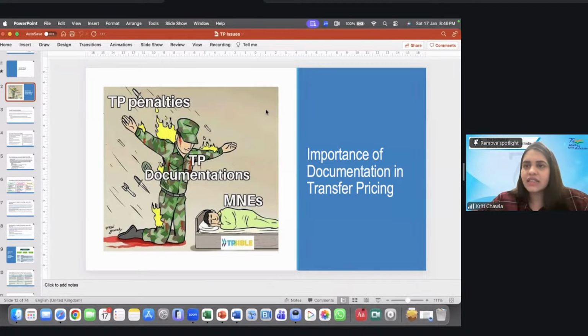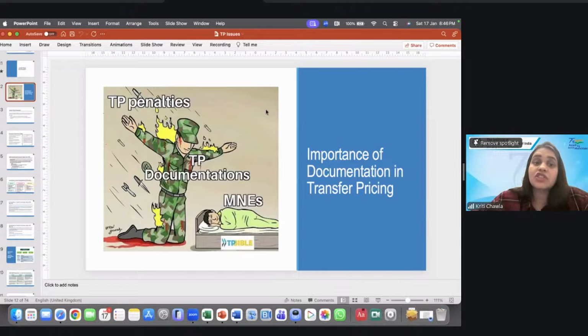Yes, that's correct. So 3CEB is a mandatory e-filing. Even if you have transactions, you still have to file 3CEB, but you have to maintain a TP study.